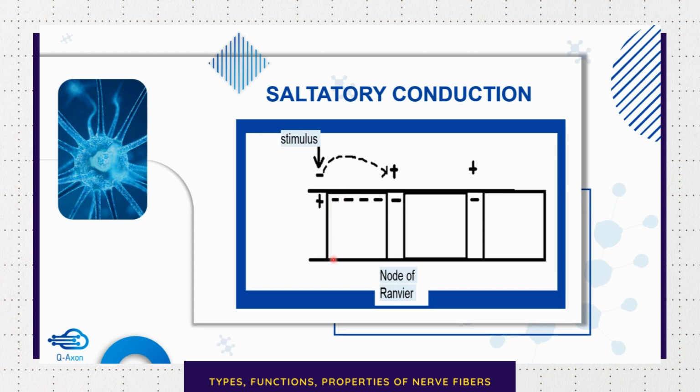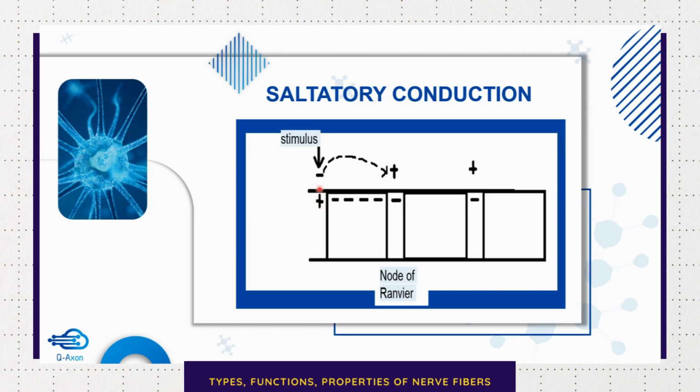Now, these are areas covered by myelin, and myelin acts as an insulator. Now, this point, which is depolarized, would try to stimulate the adjacent point, but the current cannot be conducted because there is insulation. And therefore, the current can only be conducted to the next node of Ranvier where there is no myelin, which is not insulated.